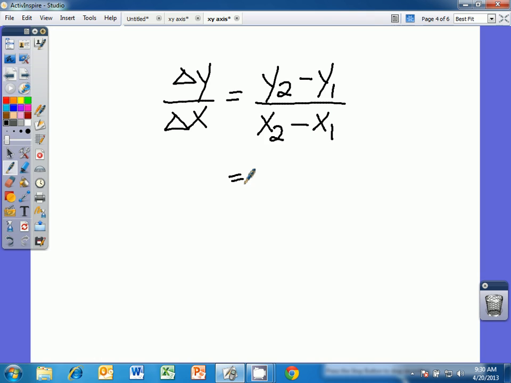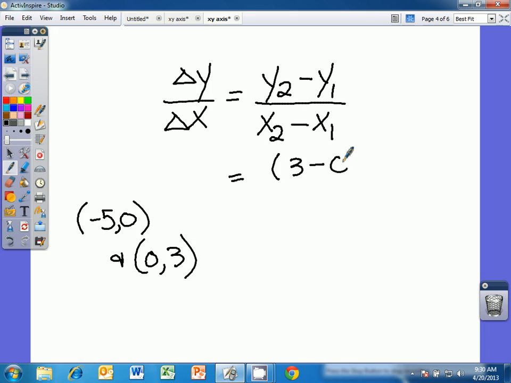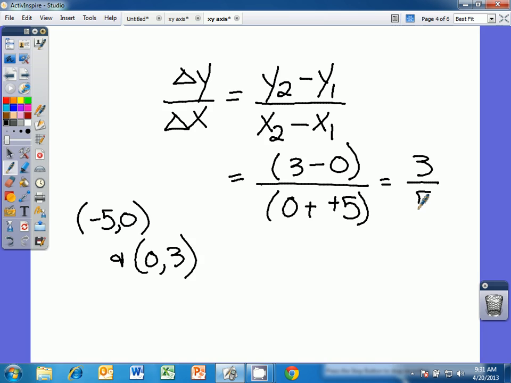Using the points negative 5, 0, and 0, 3, we can show slope algebraically by 3 minus 0 divided by 0 minus a negative 5. 3 minus 0 is 3. 0 minus a negative becomes positive. So 3/5 is my slope. That's one way to determine it.